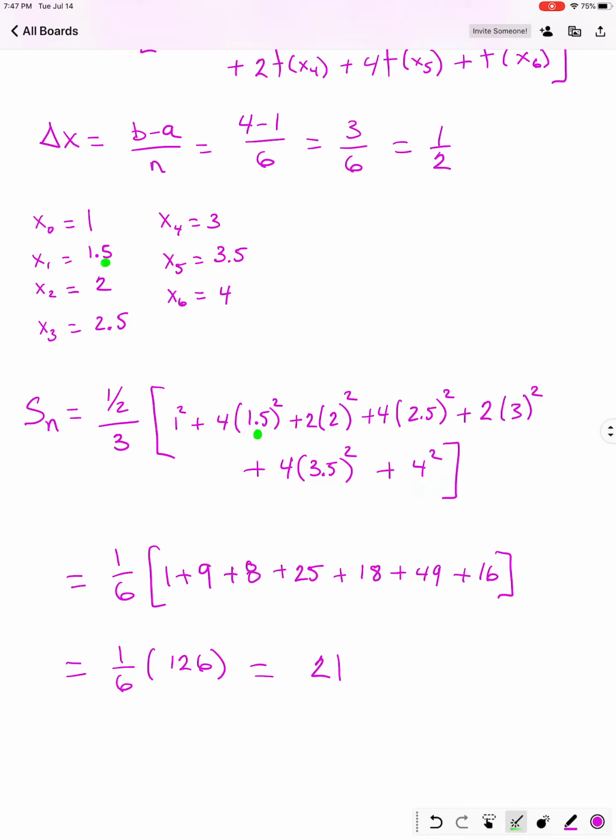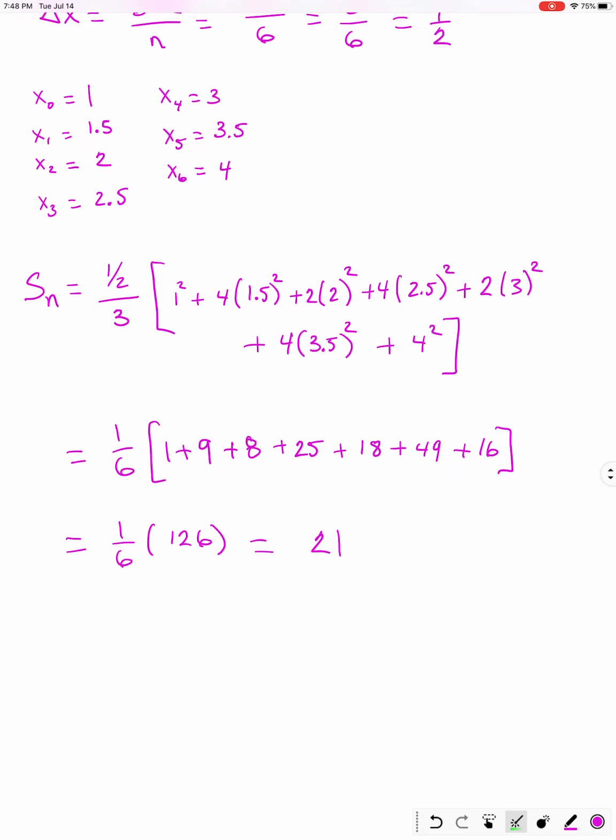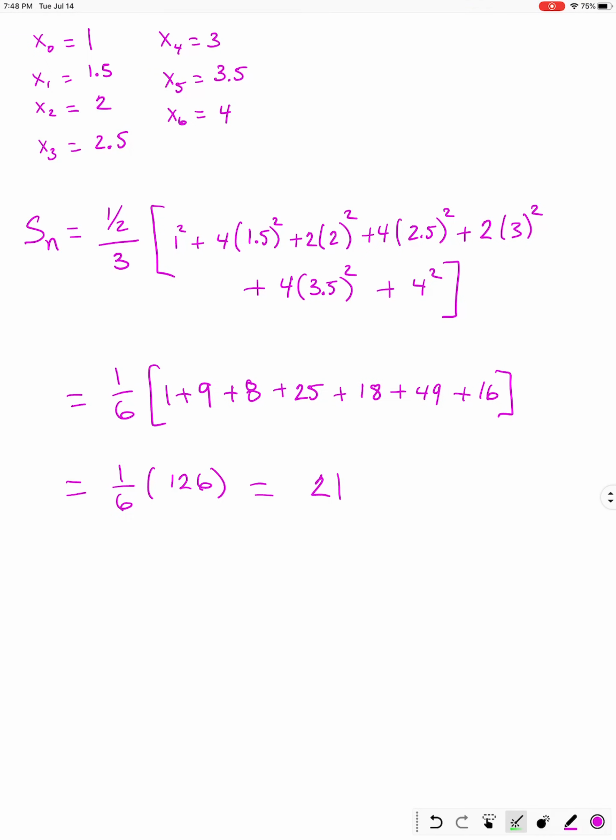So 1.5 squared times 4, then 2 squared times 2, and then 2.5 squared times 4, and then 3 squared times 2, and then 3.5 squared times 4. And I already did the 4 squared on the end. And I sum all of those things up.